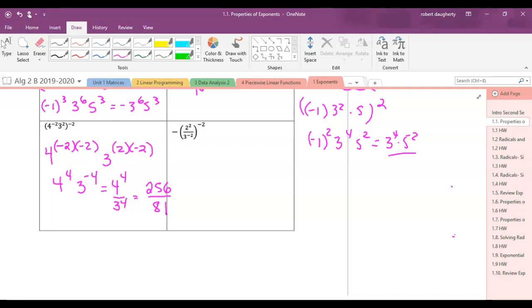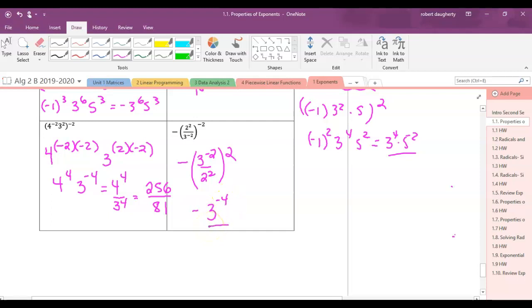Okay, what about the next one? What do I do? Yeah, several things. I could distribute the exponent, or I could flip it now. There's several ways of getting there, okay? So why don't we write it like this? We could write this as the negative of 3 to the negative 2 over 2 squared, squared. So this is negative of 3 to what power?